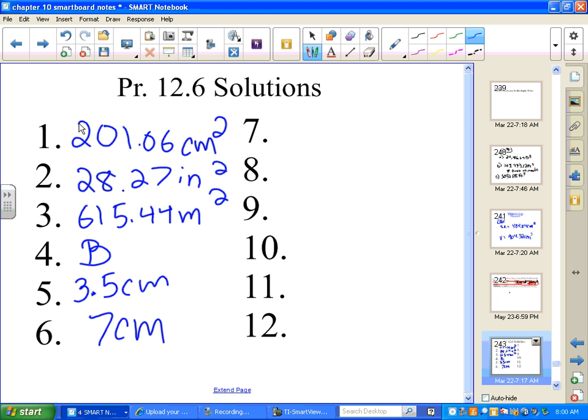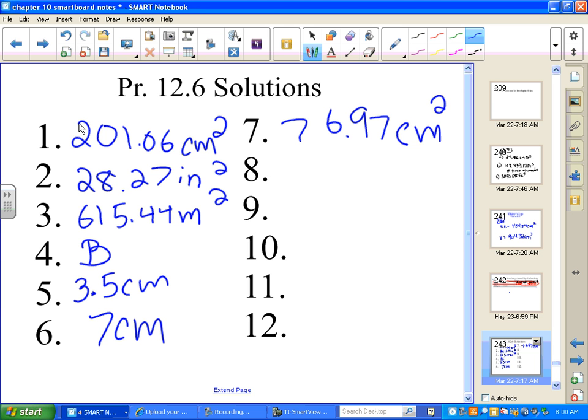Say that again. No. Did you find half of it, which is 1 hemisphere? Okay, Matt? Good. Matt, you like these spheres, huh? Centimeters squared.